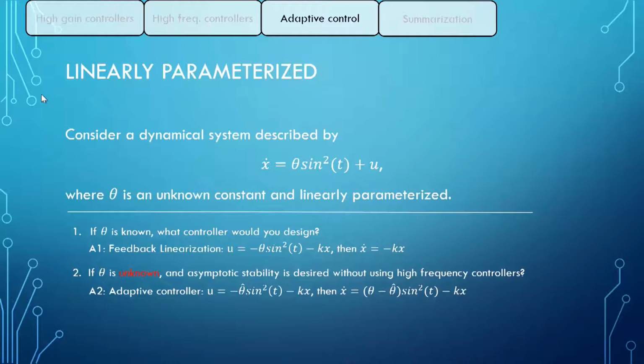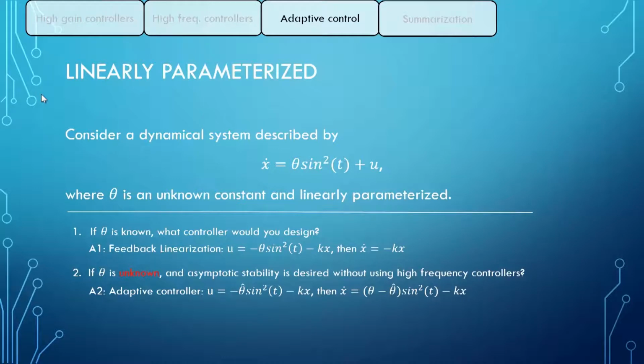If you compare these, the structure is very similar, other than this theta hat replacing theta, because theta is unknown and I cannot implement something unknown. So I use the estimate of theta, called theta hat, which means you need to design dynamics to estimate this unknown constant. So usually adaptive control comes with the control and the estimate of the parameters, and they will be discussed later.